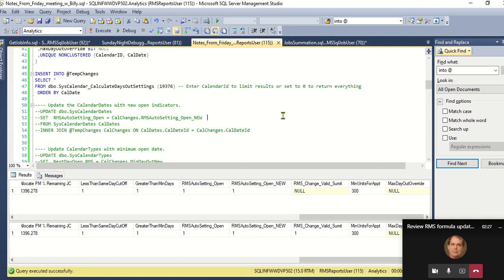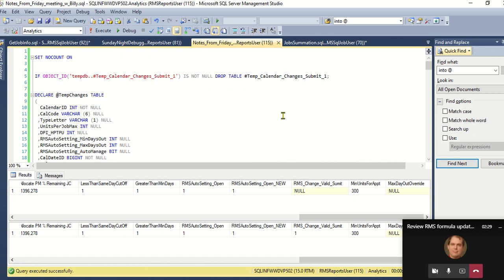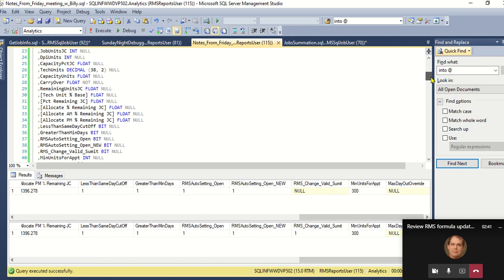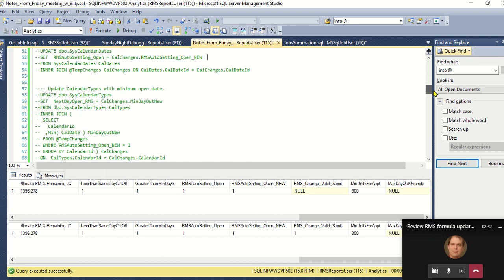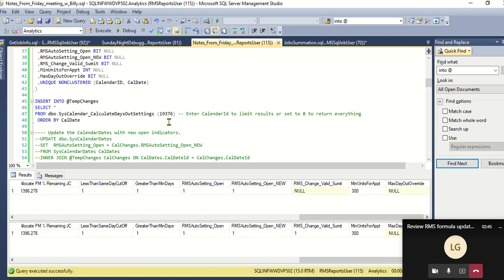So this is one of the stored procedures that goes into the RMS calendar job, and I believe this is for Carbondale. One of the recurring problems was that if I tried to look at the changes associated with that area, they kept coming through as not valid.